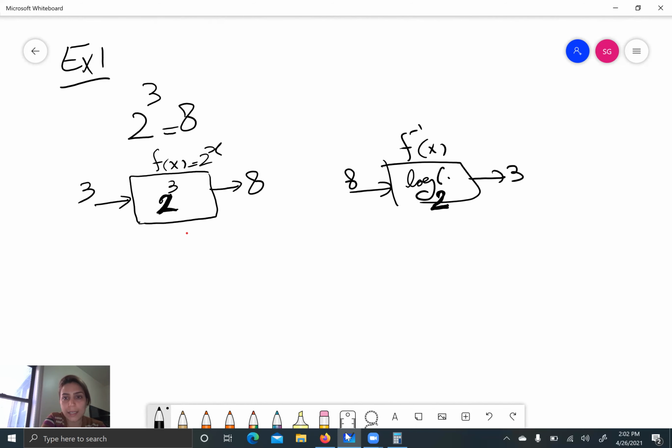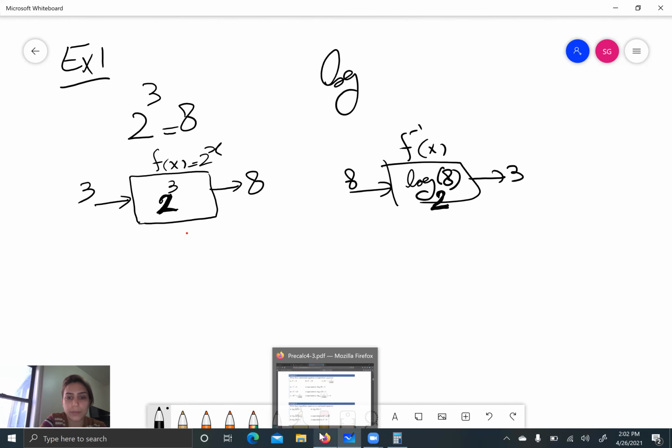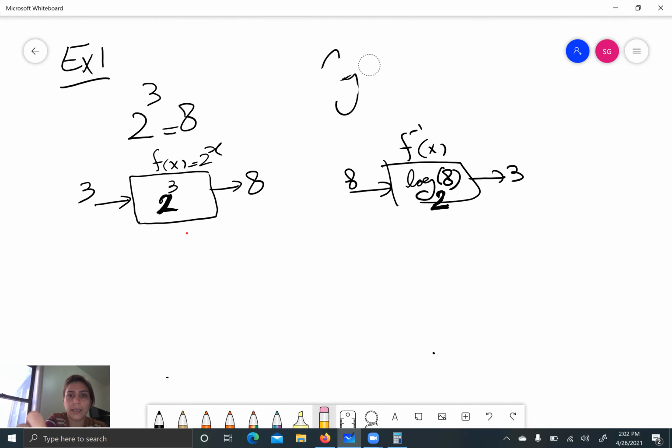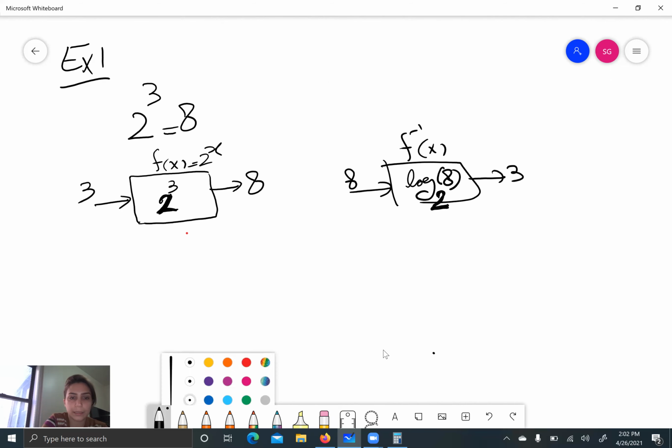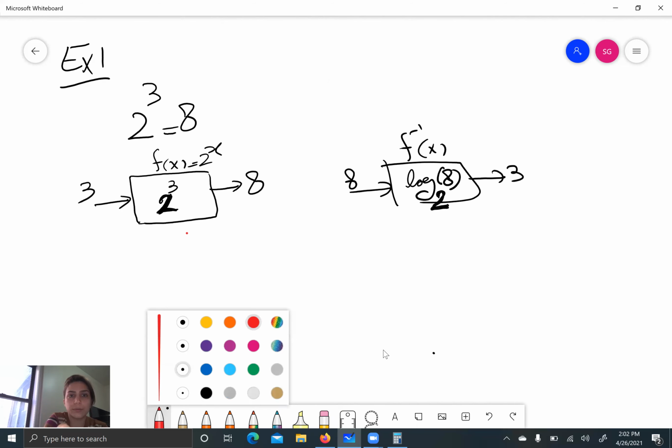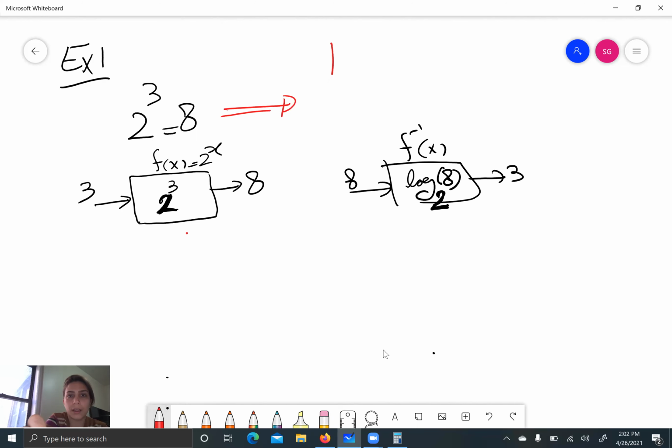And it should take the input value. So I should have log of, maybe I use printed writing for the beginning. So this is the answer. From here, we should have the logarithm of, again, what is the base?